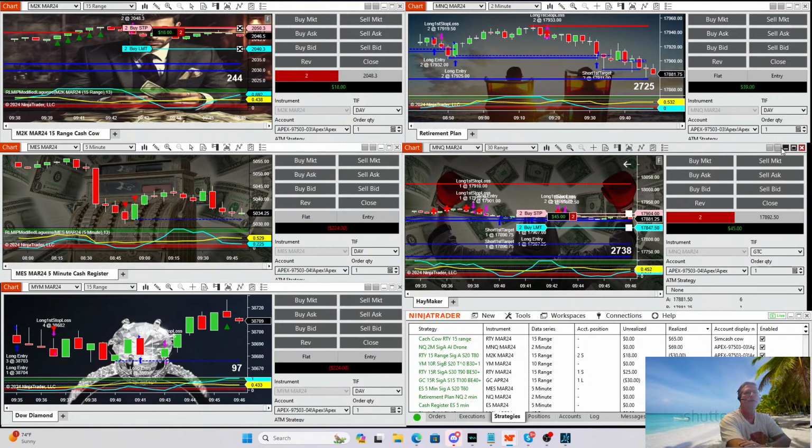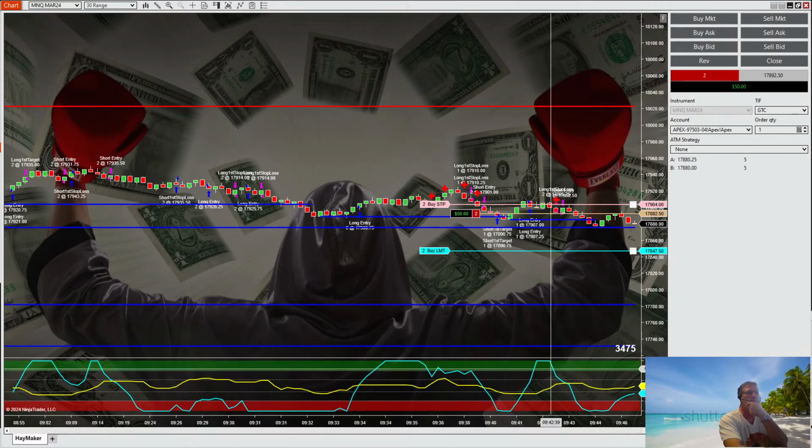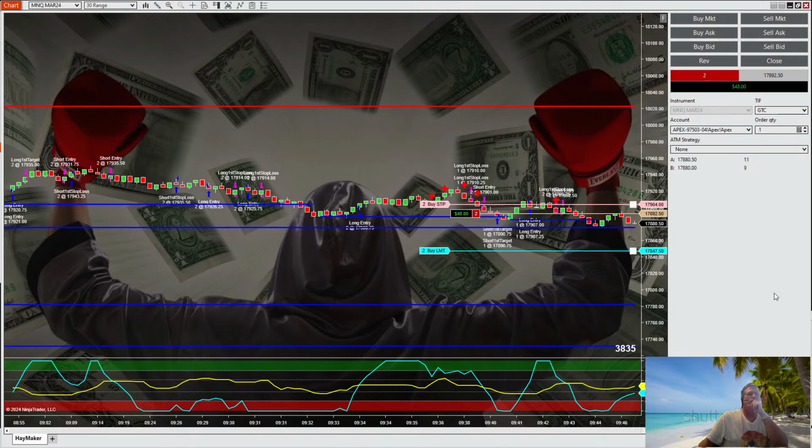Testing it again. Needed to break through here. We find our way through this area, we've got some daylight. We might get ourselves into a nice runner here.